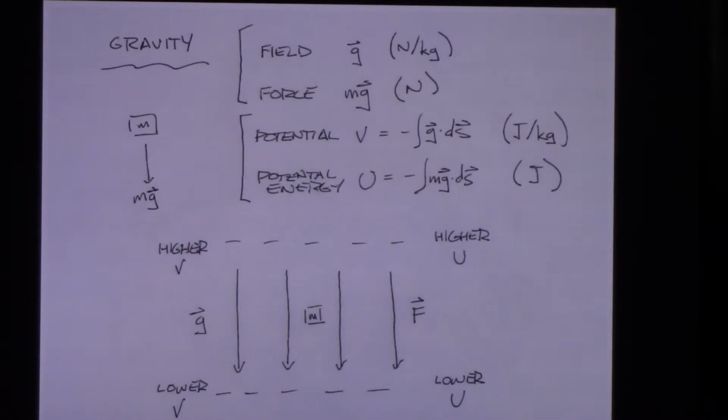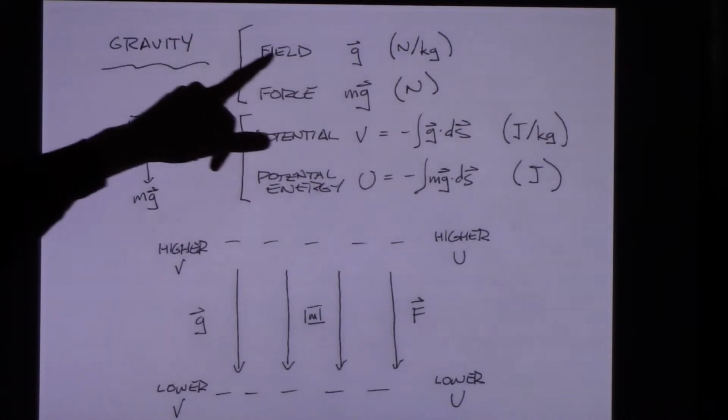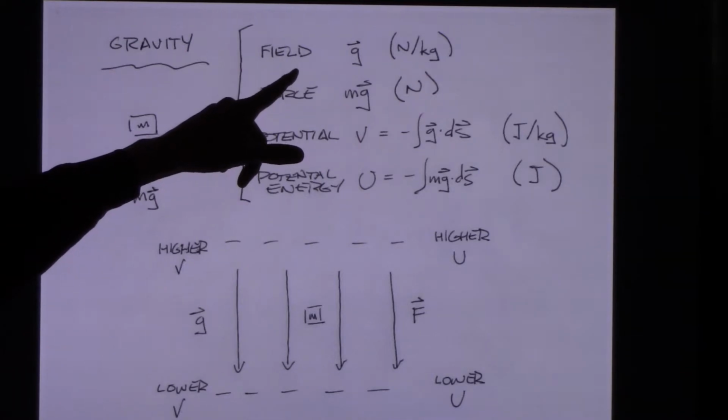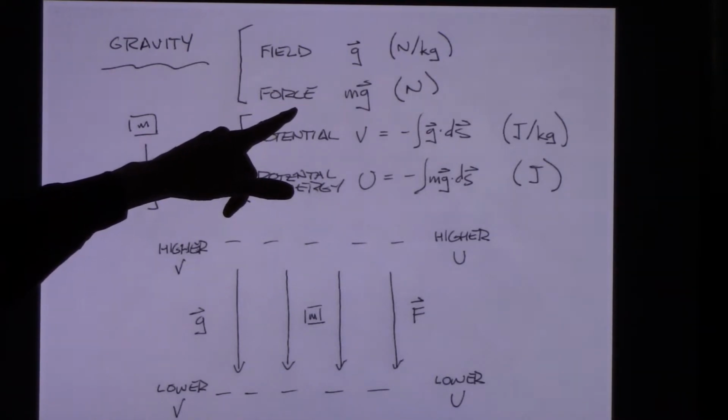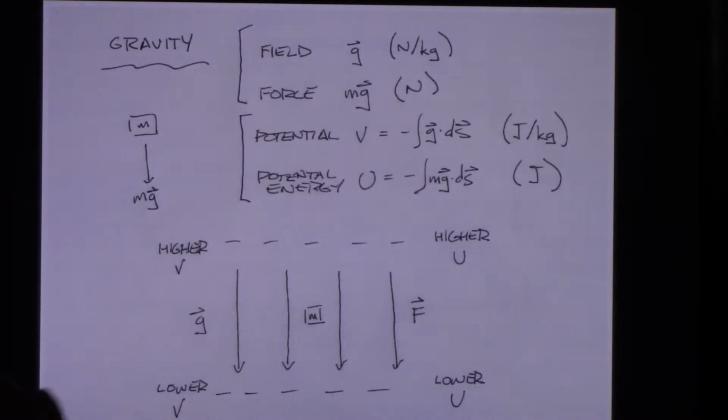All right, so here is the whole package. Here is all of gravity condensed down into this one slide. The gravitational force in nature, we can start by defining a gravitational field and then saying that an object in a gravitational field will experience a force mg.